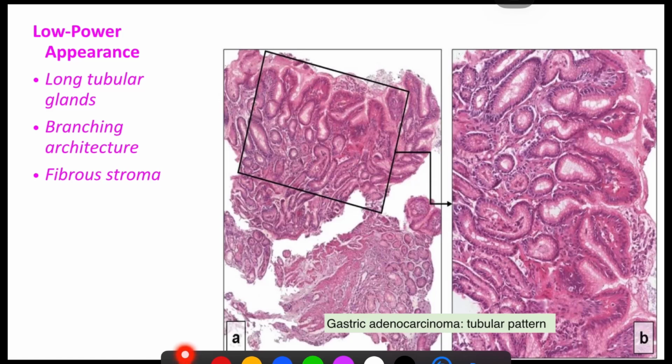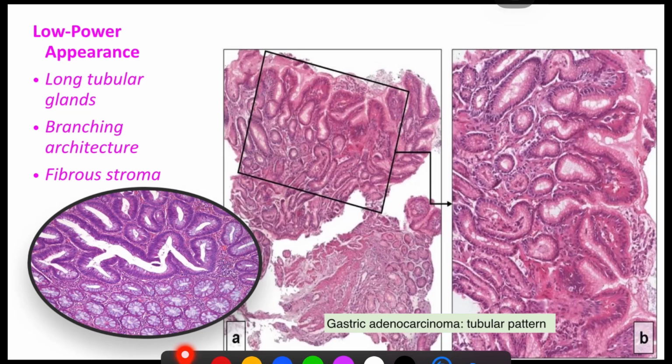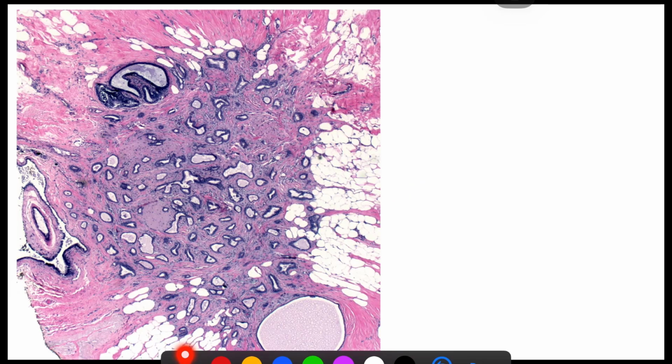In low power view, you can see long tubular glands, sometimes with branching and angulation, and in between there is some fibrous stroma, as mostly seen in tubular carcinoma of breast. Here this is gastric adenocarcinoma showing tubular pattern, and branching and angulation is common in tubular adenoma and tubular carcinoma.